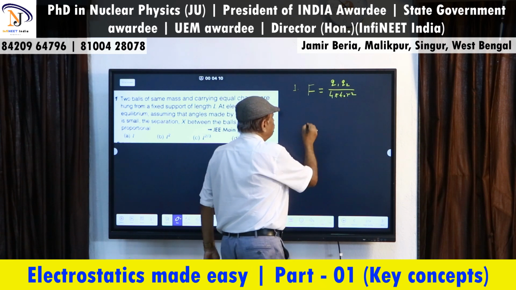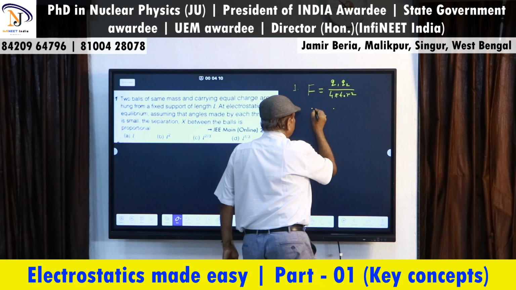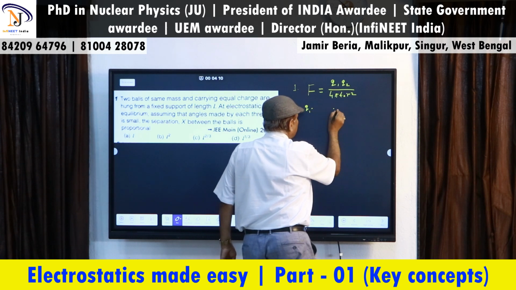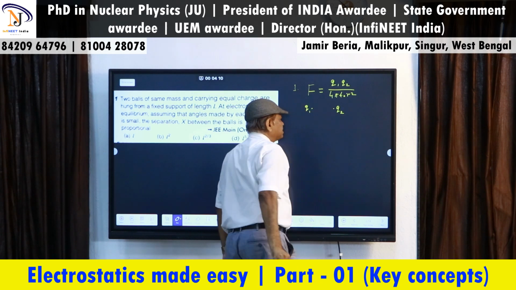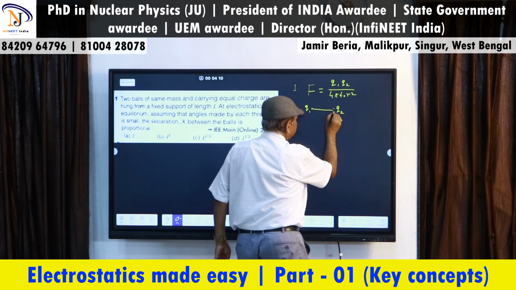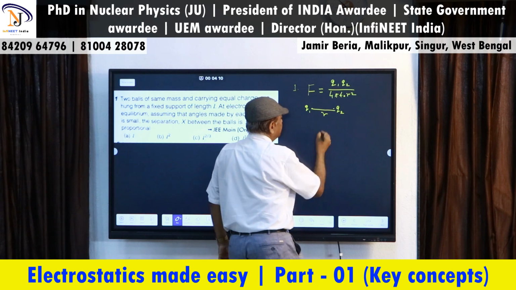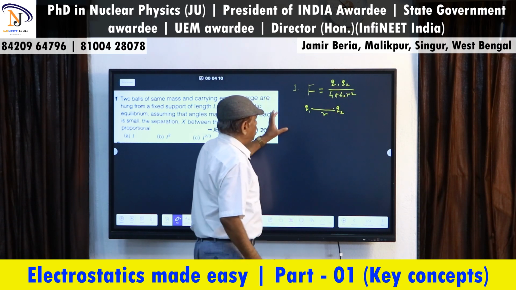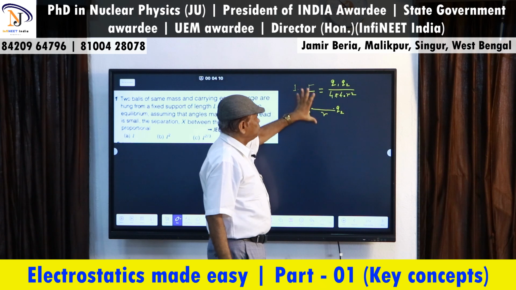You know, two-point charges are separated by certain distance. The linear distance between the two is r. Then this is the formula. These are two-point charges and this is Coulomb's law.